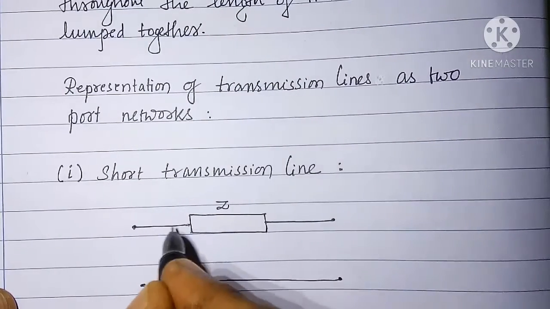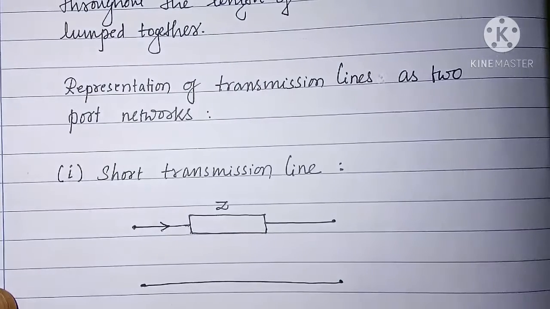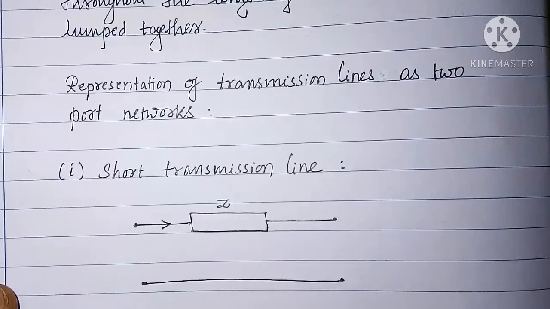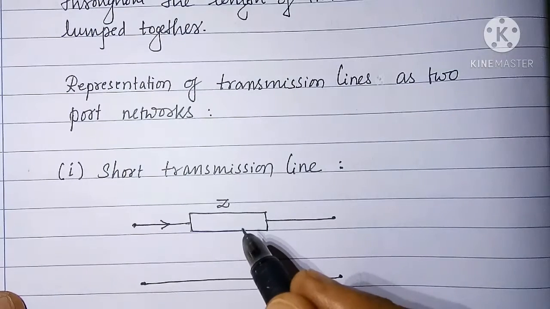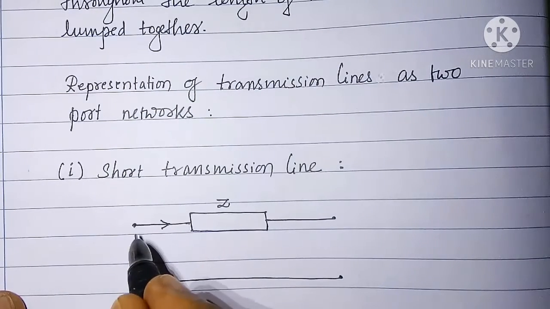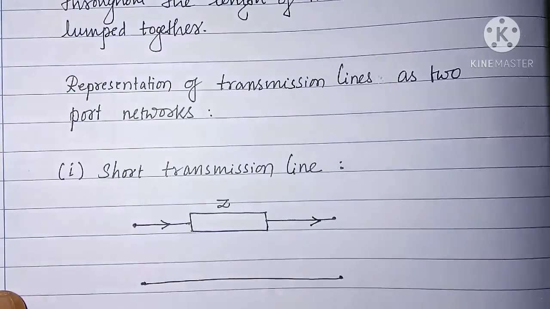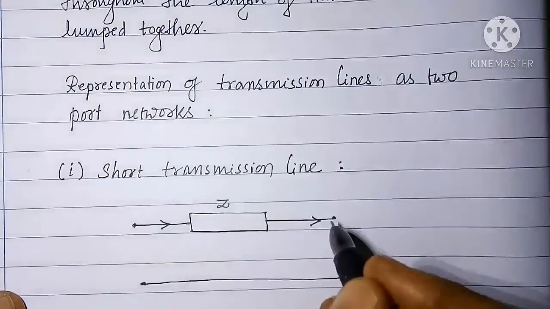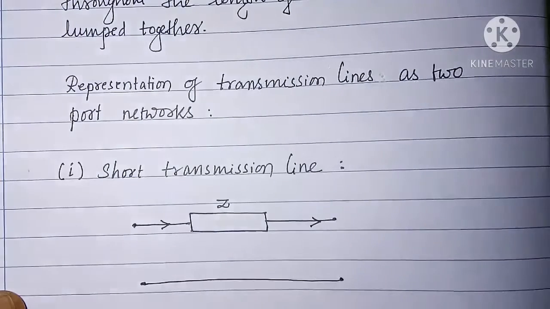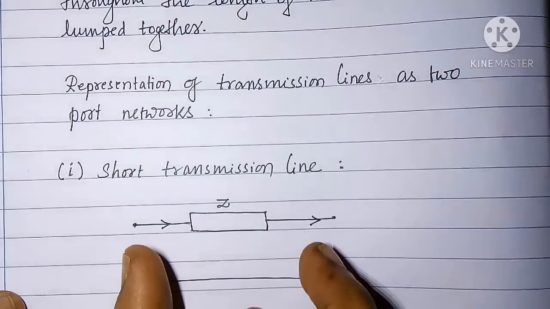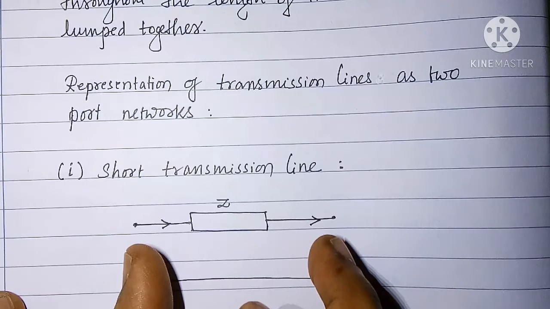The sending end we can show with the help of arrow mark away from the terminals, and receiving end we can show with the help of arrow mark towards the terminals. So these arrow marks are now giving us the direction of power flow in the transmission line.